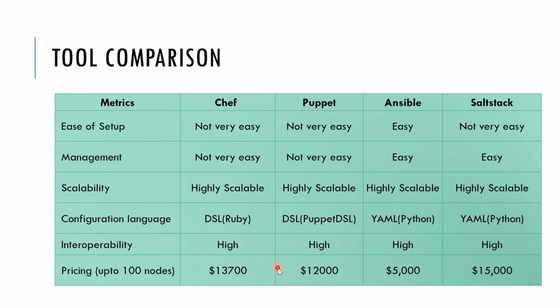I added this especially because, compared to other tools, Ansible is very low. Ansible, as I said, is open source. Ansible core is open source, AWX also is open source, but Ansible Tower is a paid one. So this price is not for Ansible, it's for Ansible Tower, the licensed one.